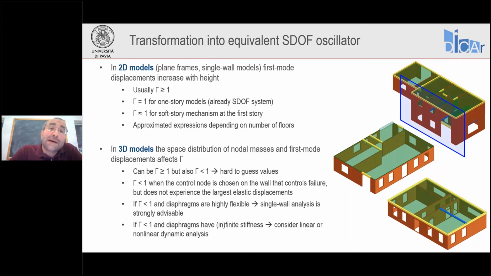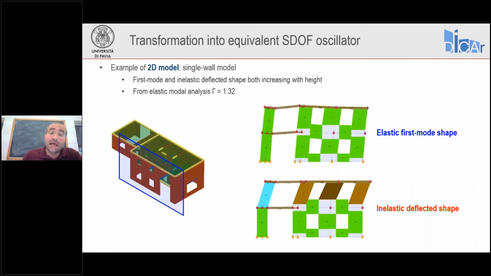If instead gamma is less than 1, but diaphragms are of finite or infinite stiffness, well, in this case, probably we should perform other types of analysis. Dynamic analysis could be a better choice in these particular cases. So let's see a few examples of when these situations may arise.